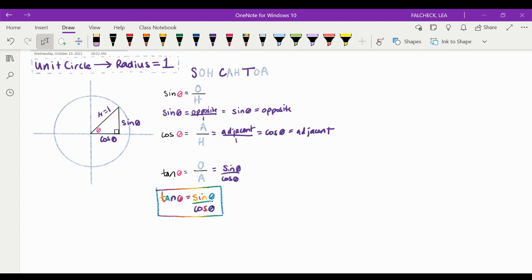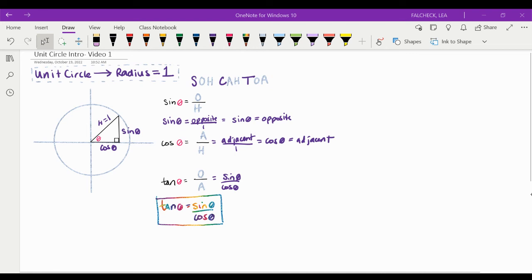And so that's why when we're looking at the unit circle, I'm going over cosine, and that is on my x-axis, and I'm going up sine, and this is on my y-axis. That's why for any point on the unit circle, x is cosine and y is sine.